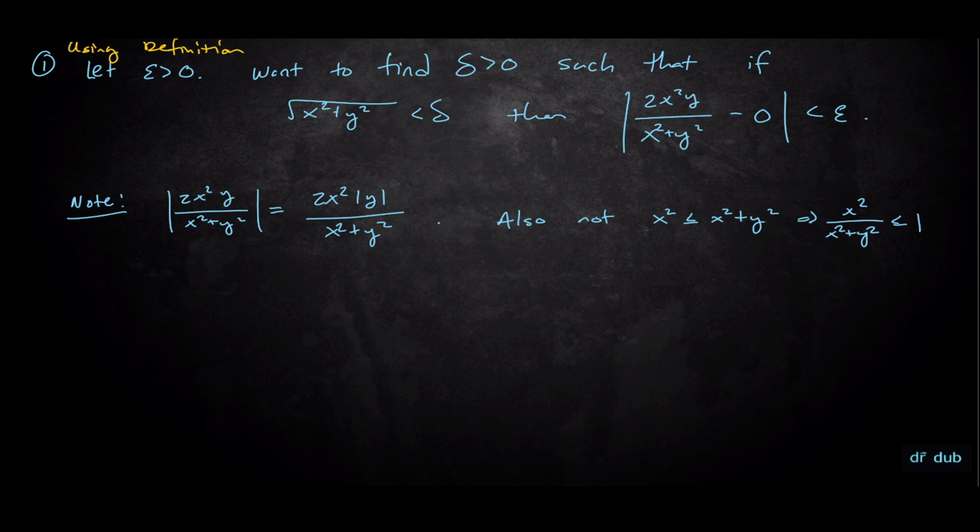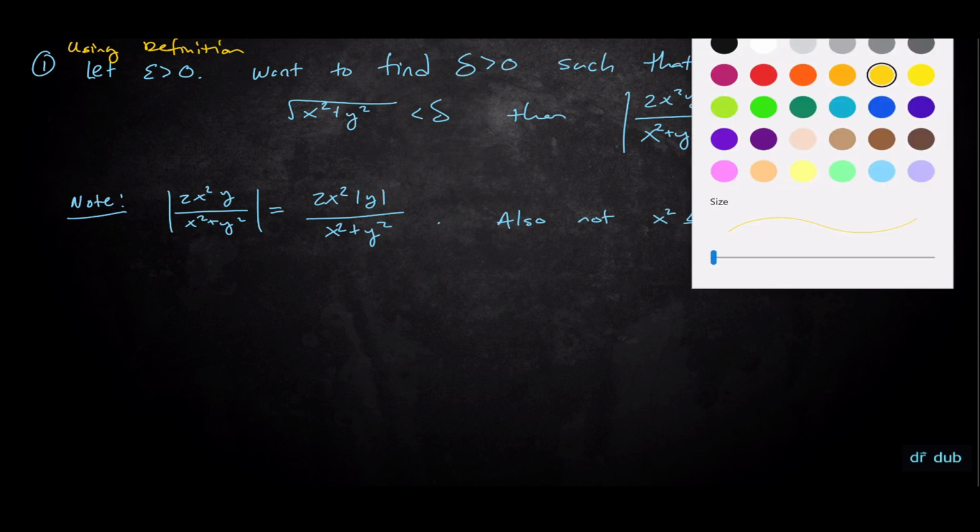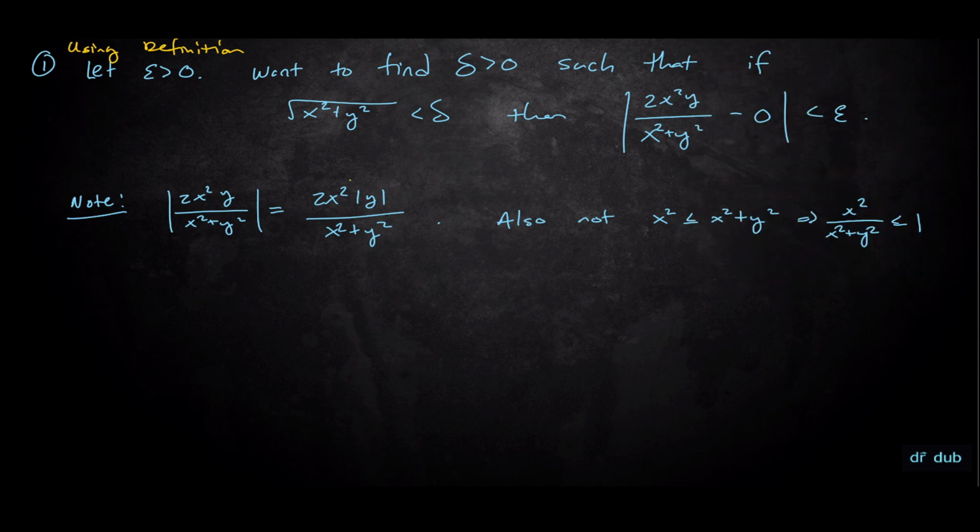So basically that means this thing right here is less than or equal to 1. So what we can say from that is that this would be less than or equal to 2 times the absolute value of y.